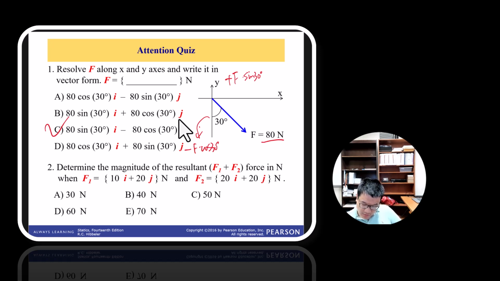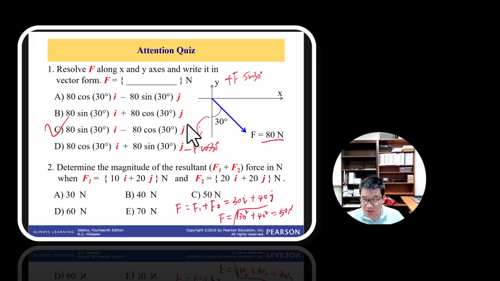We know F equals F1 plus F2, which becomes 30i plus 40j, and F equals the square root of 30 squared plus 40 squared. So the answer should be 50 Newton. Okay, that's pretty much it for this lesson.